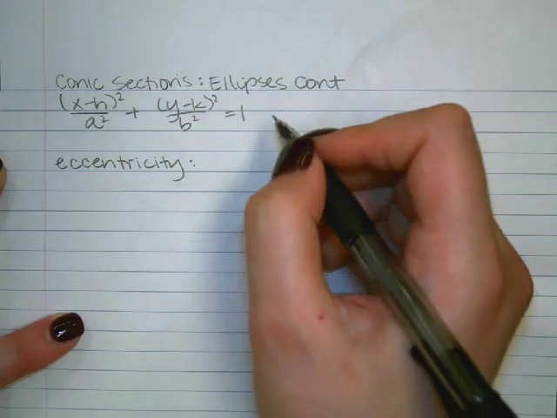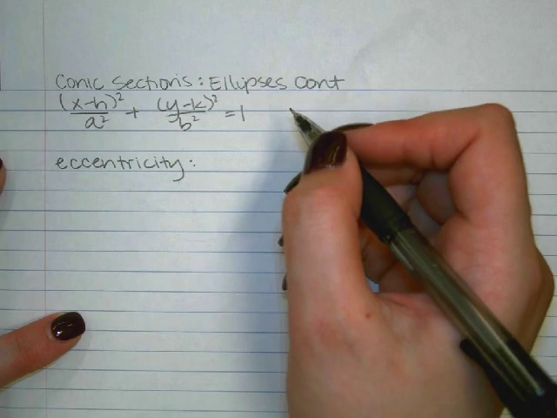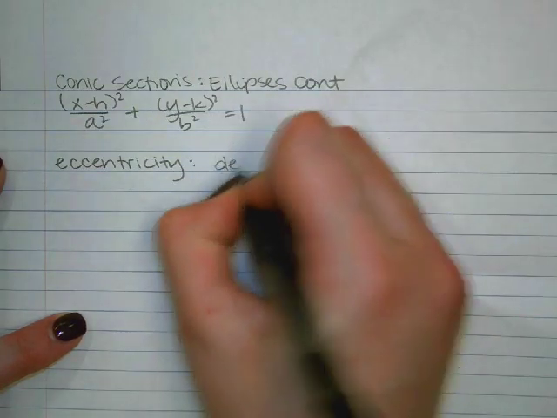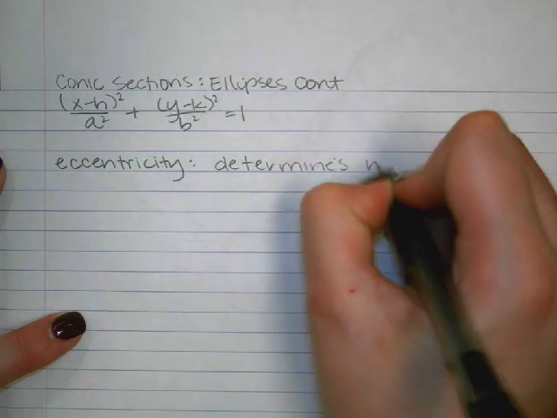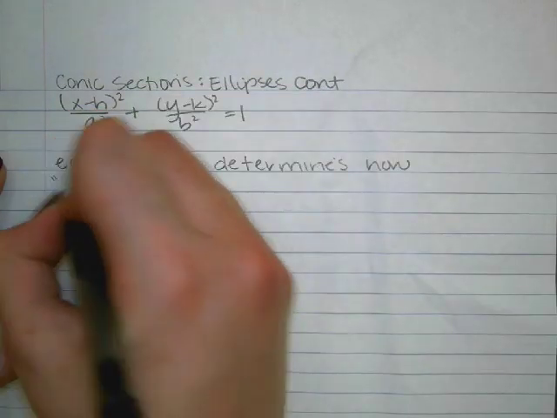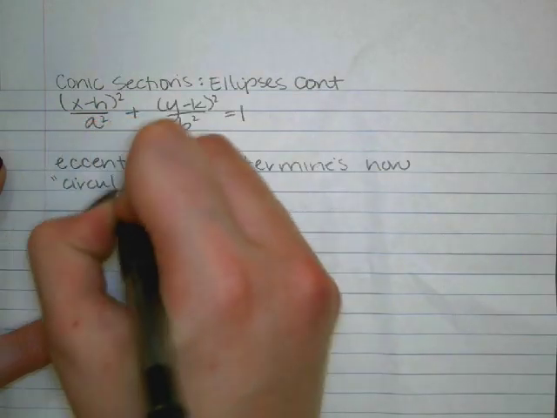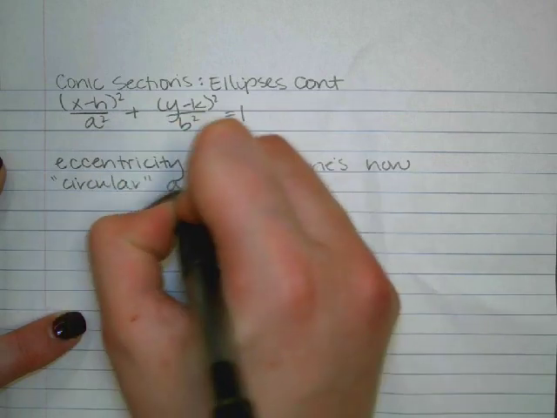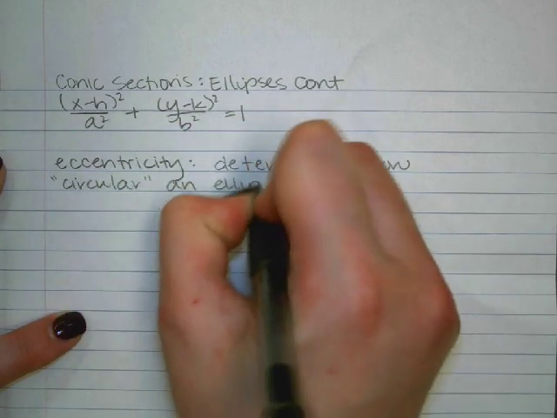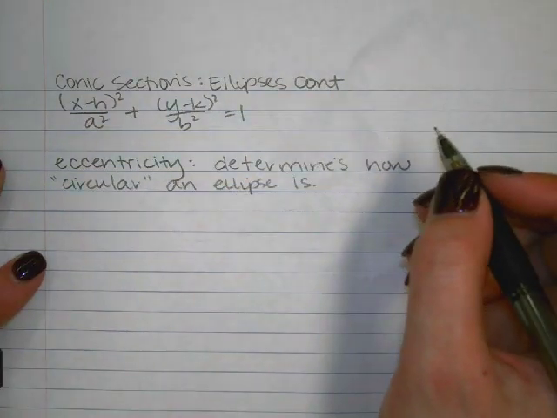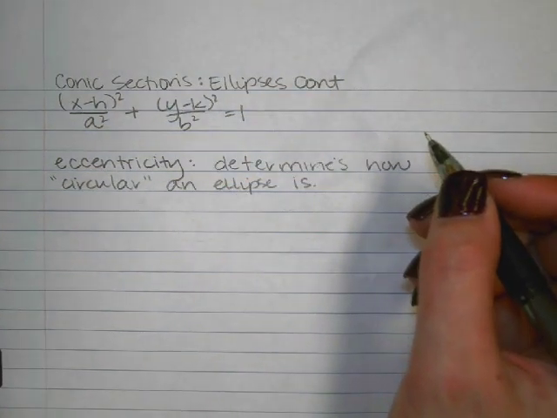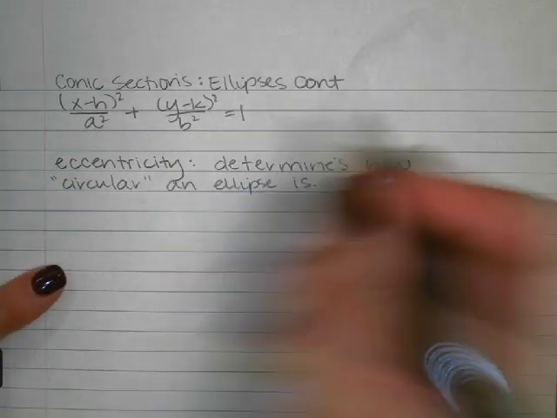The eccentricity of an ellipse determines how circular it is. So we have two different equations we use to find the eccentricity of an ellipse depending on what orientation it has.